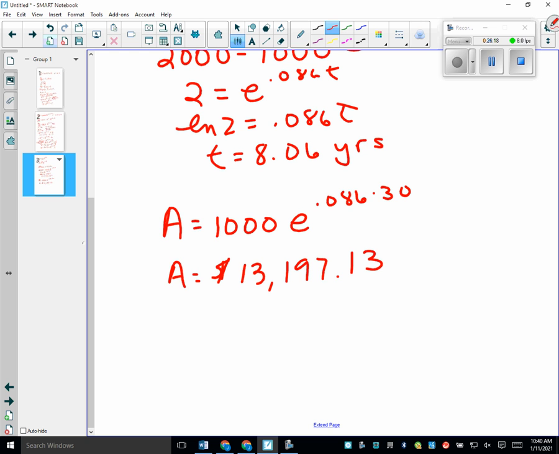I think we should start a revolution. That is not a lot of money. You only had 1,000 and you did nothing with it. If you did like 100 every month, that would be big for 30 years. Yeah, that 13,000 is pretty good when you have done nothing to $1,000, just let it sit there 30 years.